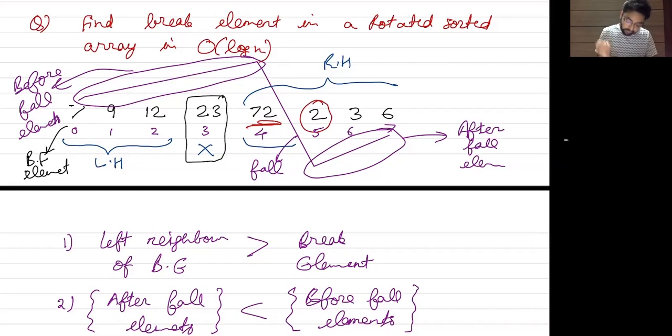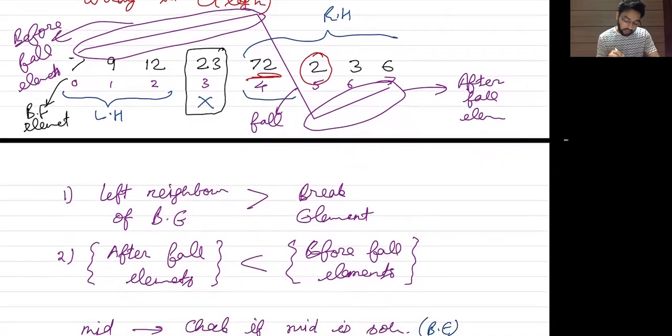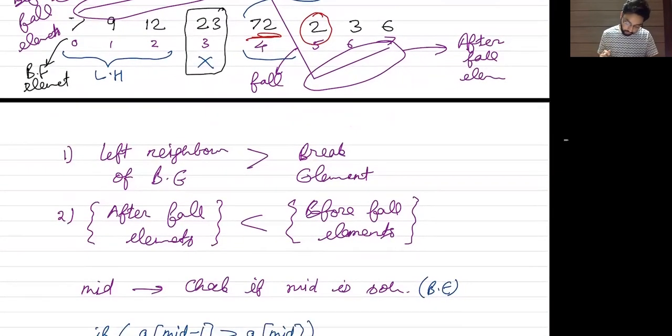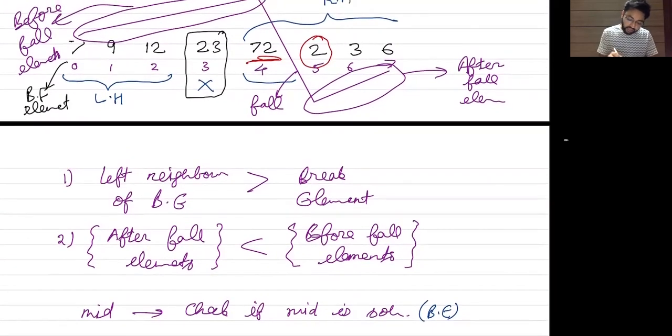And we were at the mid element. We checked that the mid element is not the solution. And now we want to establish if the solution lies in the left half or the right half. So one thing which you can observe is that 23 is greater than 7, right? 23 is greater than 7, which means that the fall hasn't happened.